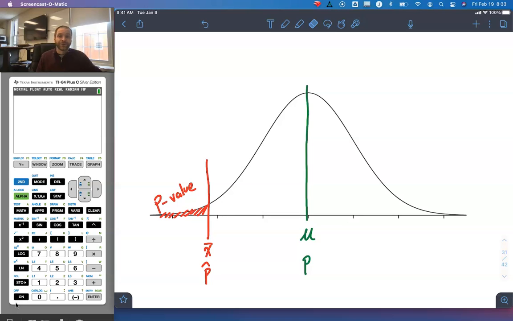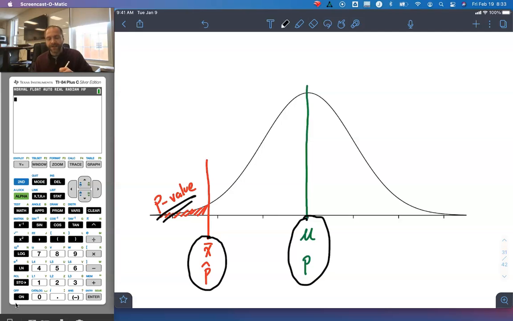So let's go through what we said in the previous slide. If the parameter is true, if the null hypothesis is true, the probability of us getting the result from our sample, that result or more extreme, just by chance, that's your p-value.